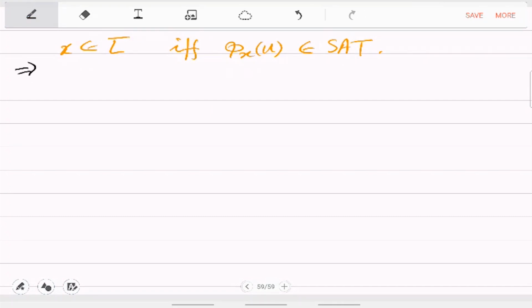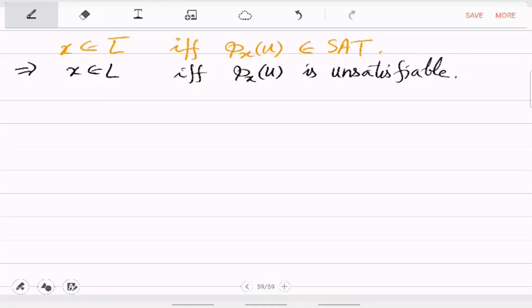So which means that x is in L if and only if phi_{x,u} is, so we are taking negation, right? Phi_{x,u} is not in SAT, which means it is unsatisfiable. But when is a formula unsatisfiable?